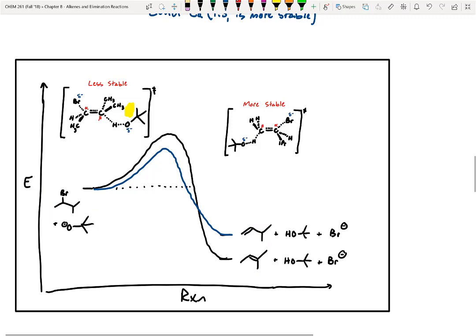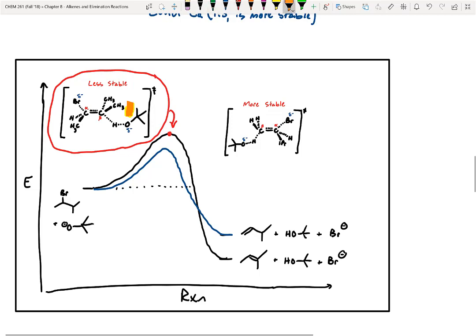Okay, so let's focus on this transition state here. You can see I've got that steric clash highlighted in yellow, and I'll re-highlight it in orange just to make it more clear. In this one, we know it's going to be less stable, and it's going to be a lot higher in energy, so it must be that larger hill that we have to climb.